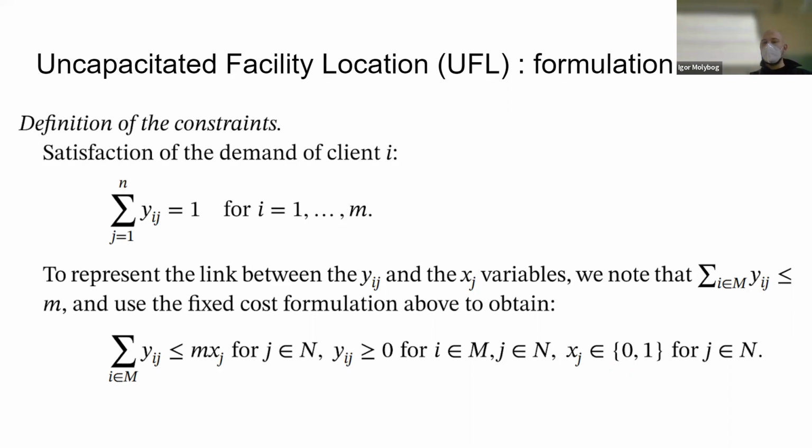Otherwise, xj can be equal to 0. And since our objective function is the minimization of the cost, xj will try to be as close to 0 as possible, and it cannot just jump over to 1. So this enforces the relationship between yij and xj.